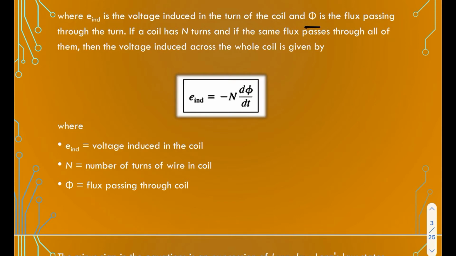If a coil has n turns and the same flux passes through all of them, then the voltage induced across the whole coil is E induced equal to minus n d flux over dt. Here n is the number of turns of wire in the coil, E induced is the voltage induced in the coil, and flux is the flux passing through the coil.